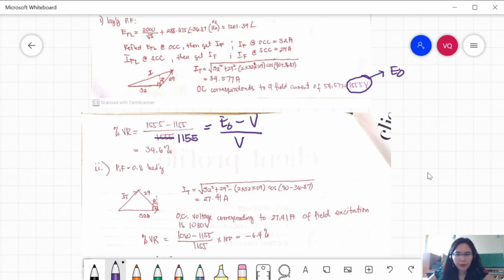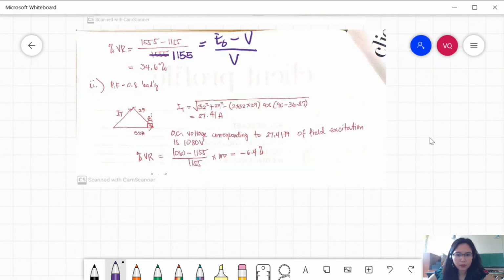For leading power factor, same, we have a field current of 32 amperes from our OCC and we have our 29 amperes from our SCC. But the only difference is the orientation of your vector.